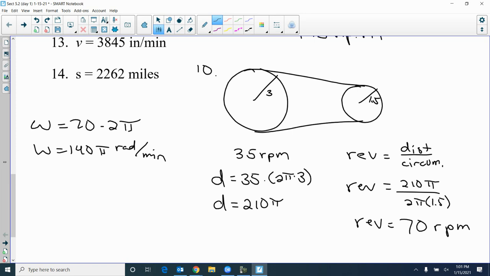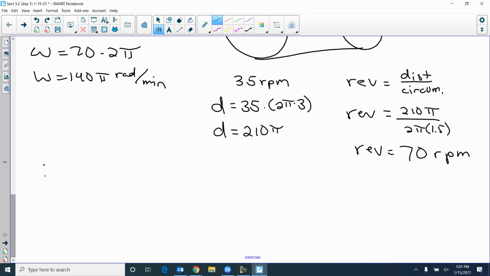All right, 11. This one can be done pretty handily with v equals r times omega. 5 radians per second is actually what?